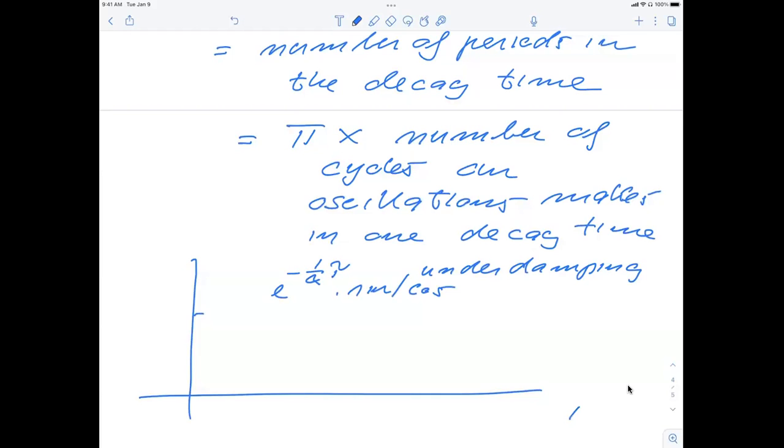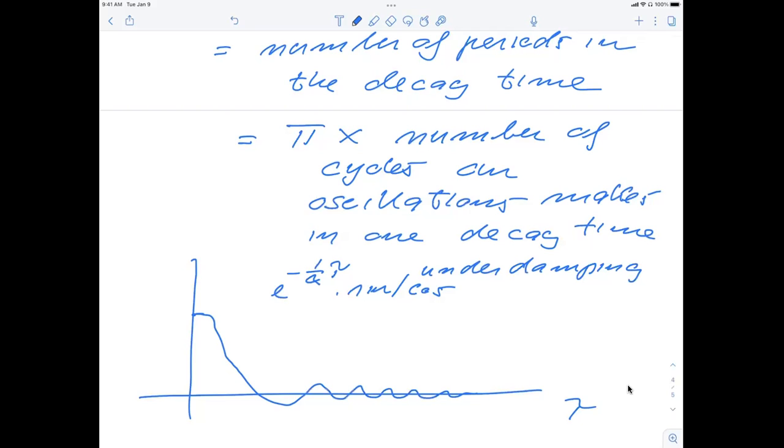We begin at a time t0, and then it would go like this, and it could cross the axis, and then it would oscillate a little bit, and then at the end it comes to rest. So what this decay time accounts for is the number of typical oscillations we will be making before this comes to rest within one decay time here.